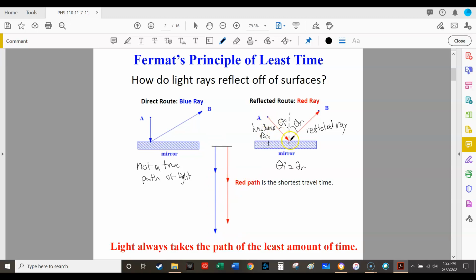Well, the red light ray is actually a shorter distance. It's actually a shorter time, it's better to say. So how Fermat reasoned that these two things are equal is that light actually takes the path of shortest time. Okay.